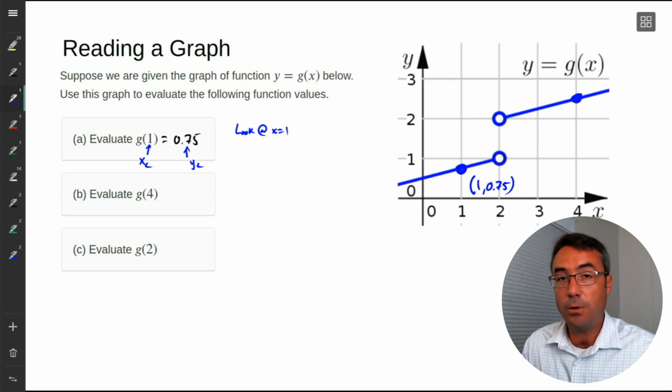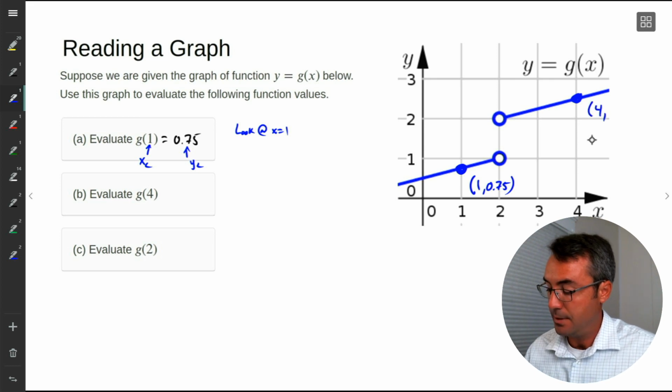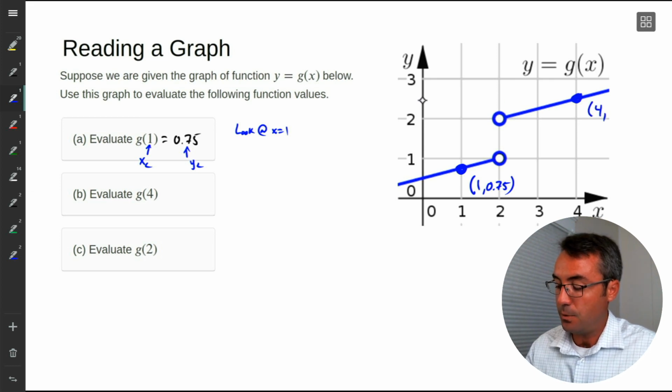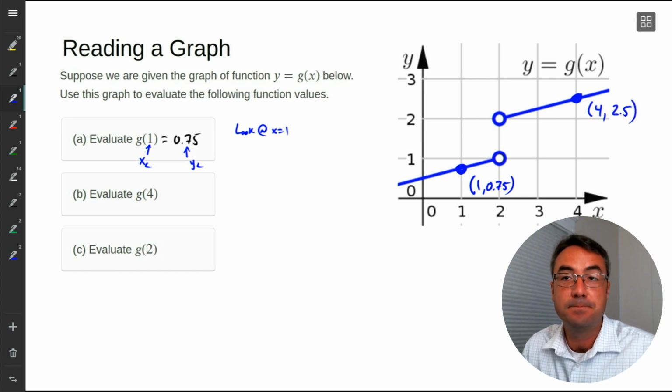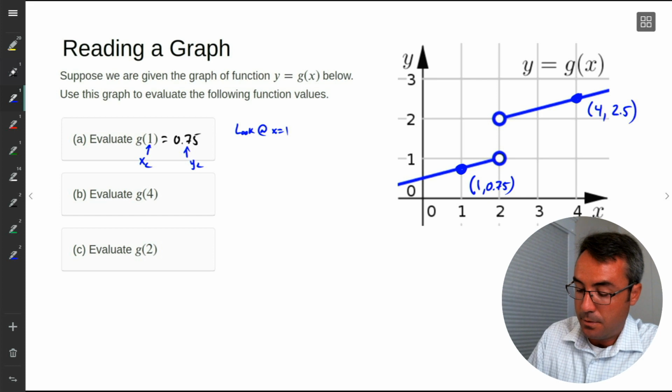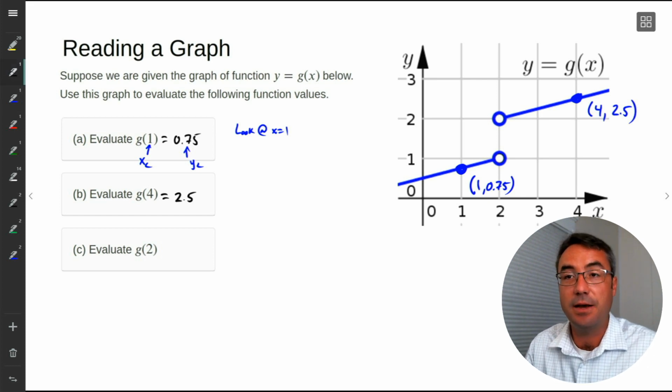What are the coordinates of that point? We know the x-coordinate is 4. And then we read over to our y-axis, and it looks to be about halfway between 2 and 3. So again, just estimating here, but I might say that's about 2.5. So the actual value of our function is 2.5.